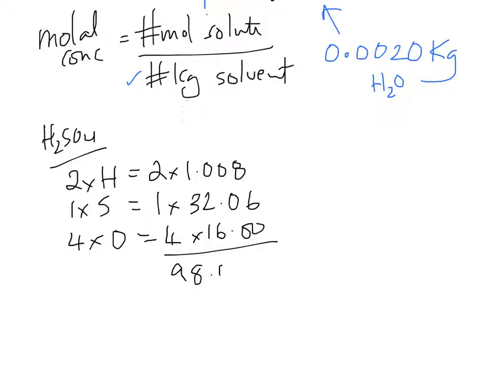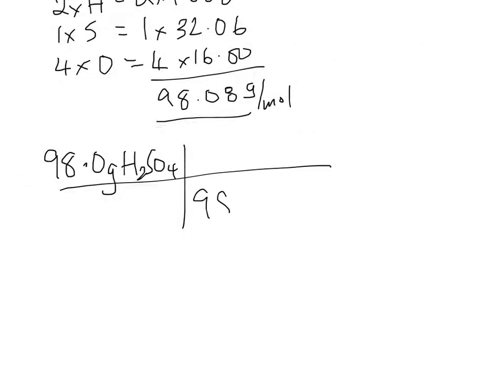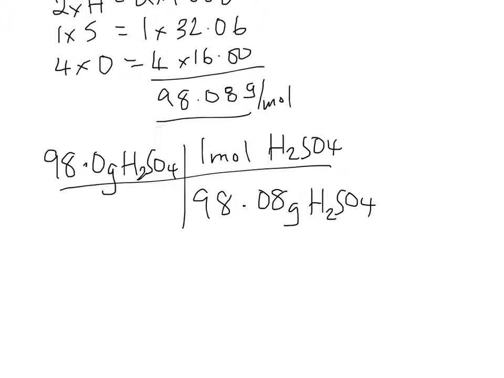I get 98.08, and that's the number of grams in a mole of sulfuric acid. So if we have 98 grams of sulfuric acid, we've almost got a mole, and we can do the conversion using what we've got above. That's going to be slightly more than what we have on the top, so we'll have slightly less than 1 mole. If you run the numbers, you get 0.999 moles of H2SO4.